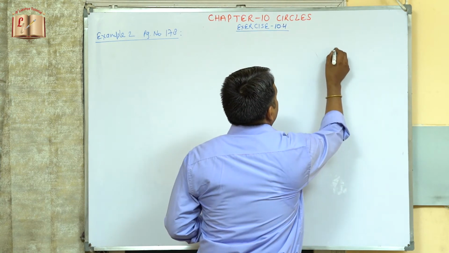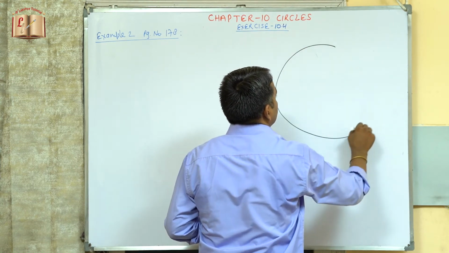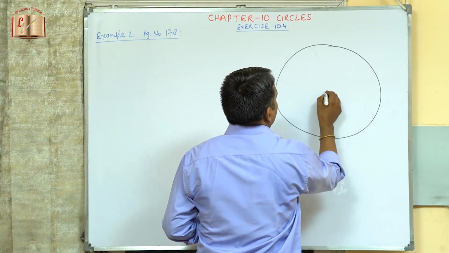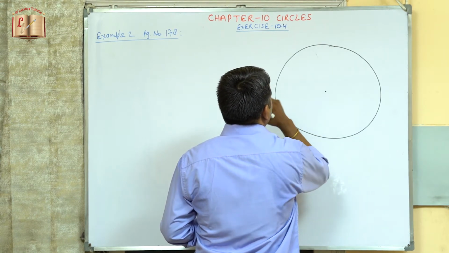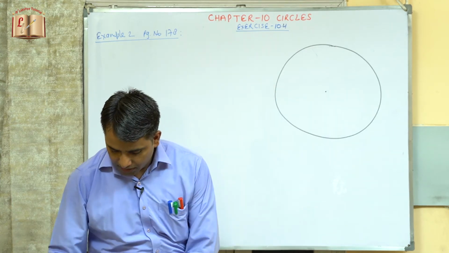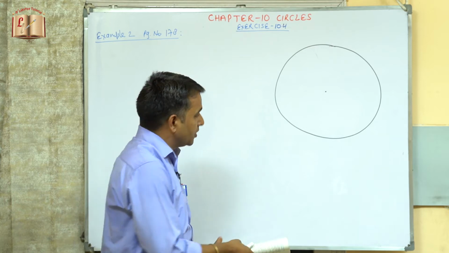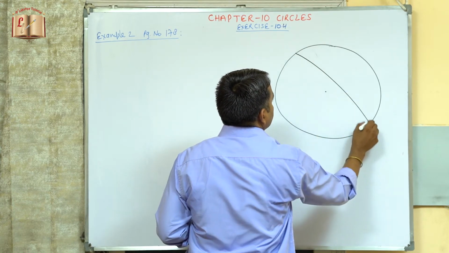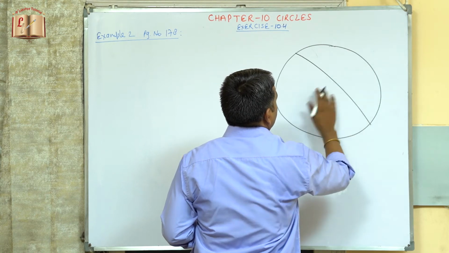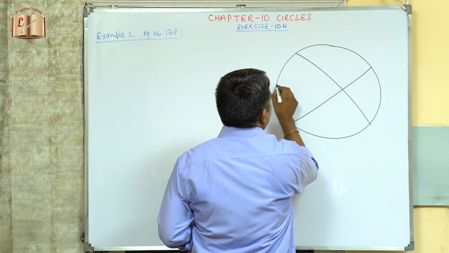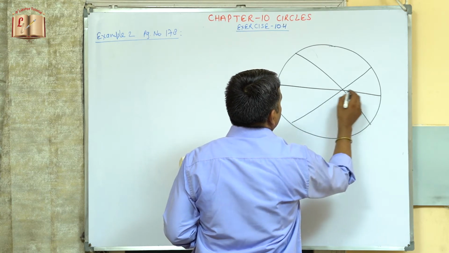So we will make, suppose this is the circle and here it is the point. So there are now two chords intersecting within this circle. Suppose this is one of the chords and this is another chord, and this is now the diameter passing through this.